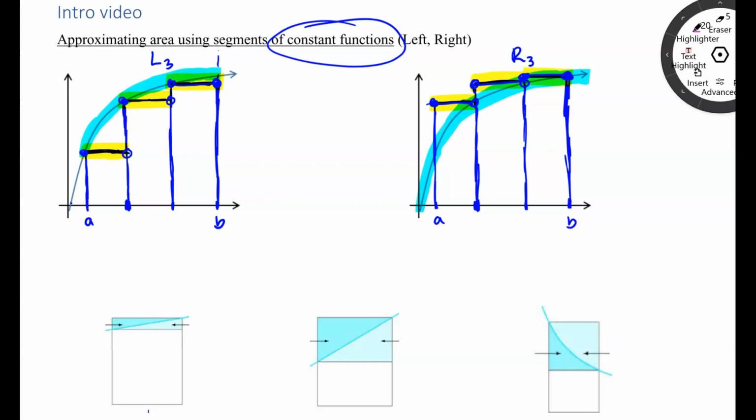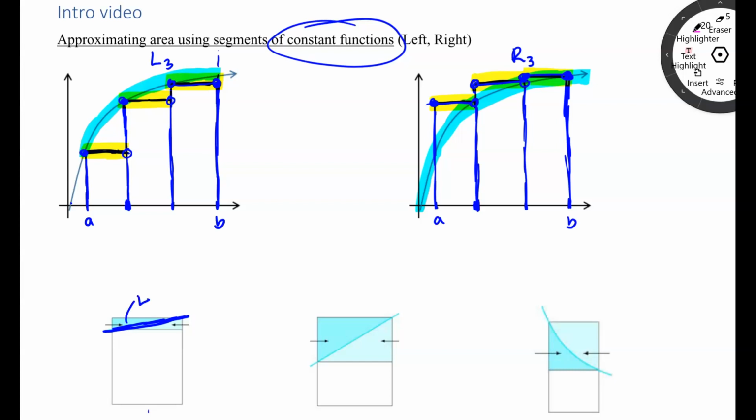So notice, and we've talked about this, that whether we're getting an over or an underestimate for left and right would depend on whether the function is increasing or decreasing. So let's look down below here and say, okay, if this is my curve going along, the right-hand sum is the top box.